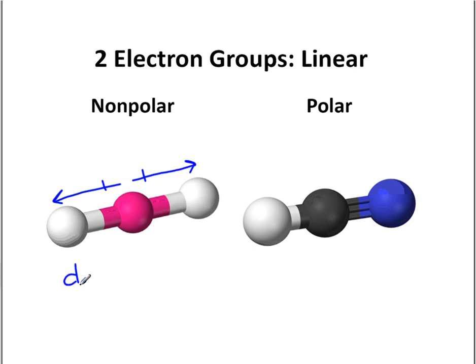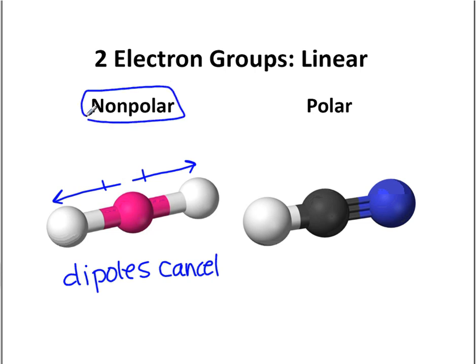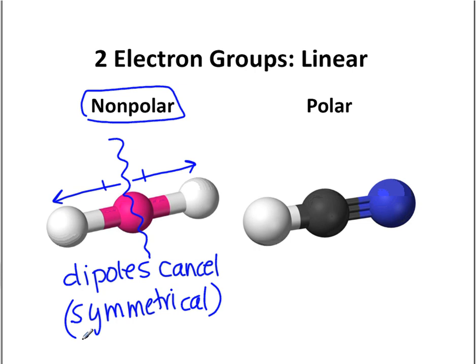Here the dipoles cancel, which means you've got a nonpolar case. Or if you want to look at it from symmetry, imagine you take that molecule and chop it in half. Do you have 2 equal parts to it? Definitely here. So you could also say this is a symmetrical molecule.